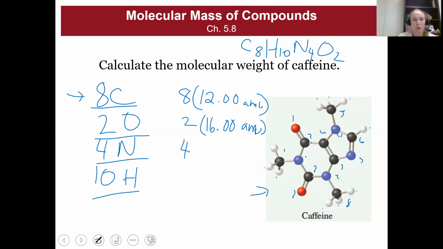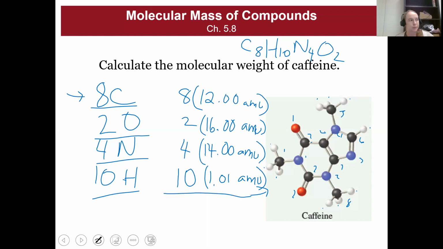Nitrogen is 14. It's probably 14.01 or something, but I'm going to call it 14 right now because I don't feel like looking it up. And hydrogen was 10 times, I'm just going to do 1.01 AMUs because I know that one is 1.01 or 1.008 as it said on the previous slides, but I'm going to round it.